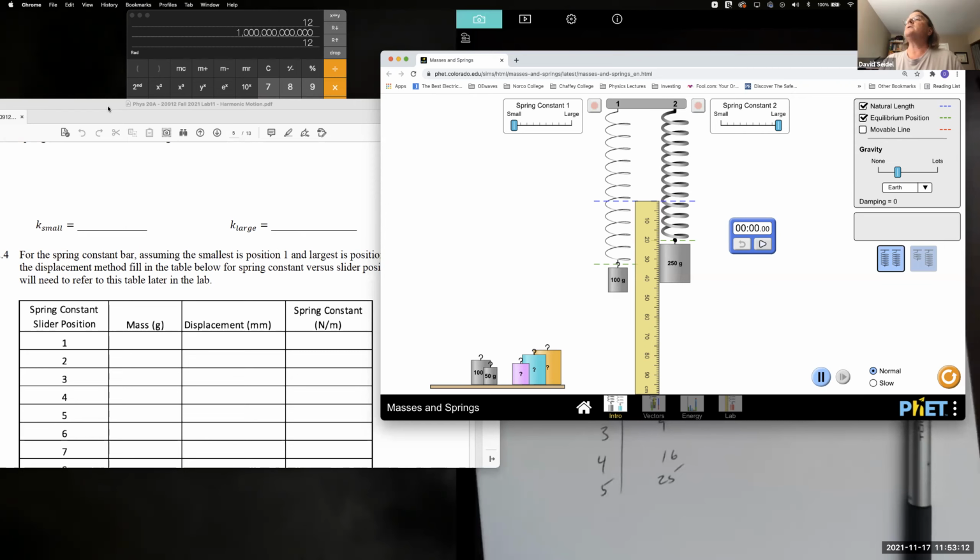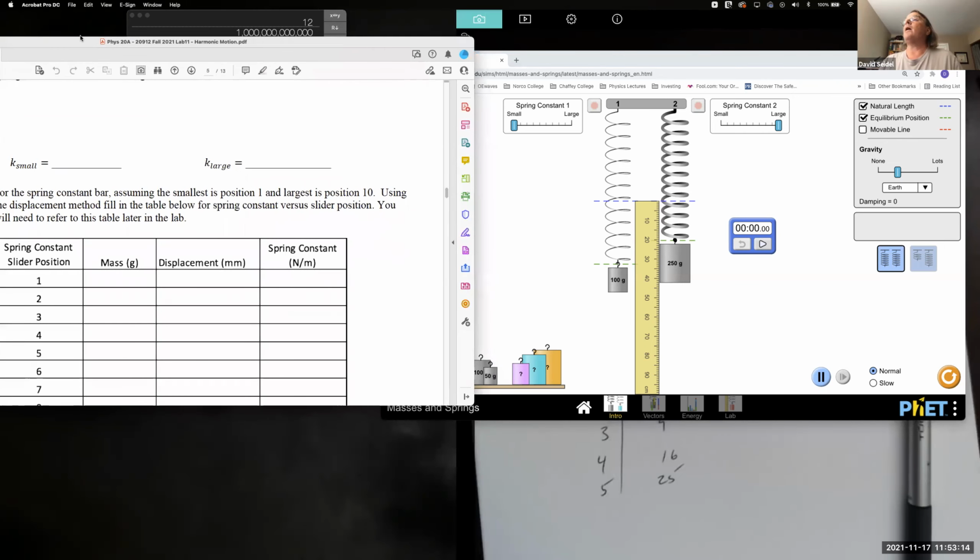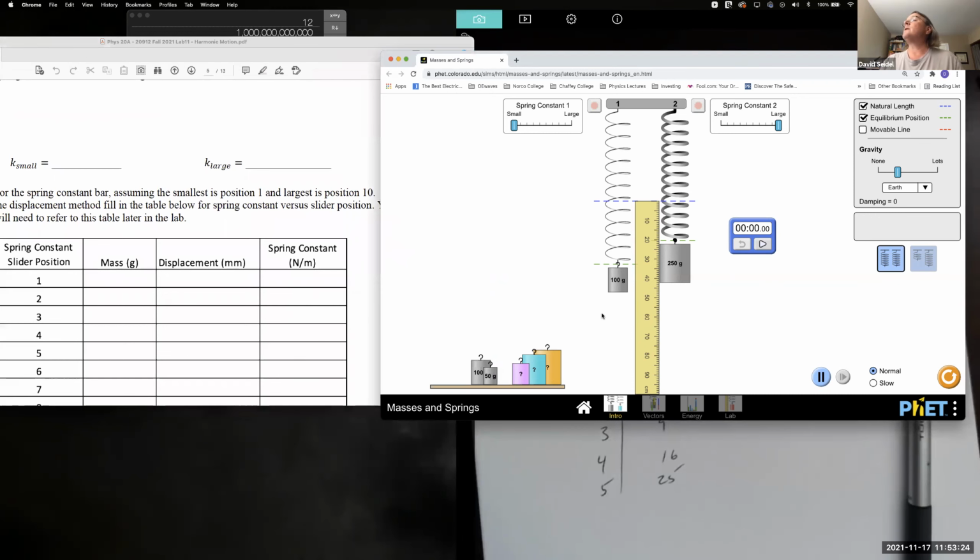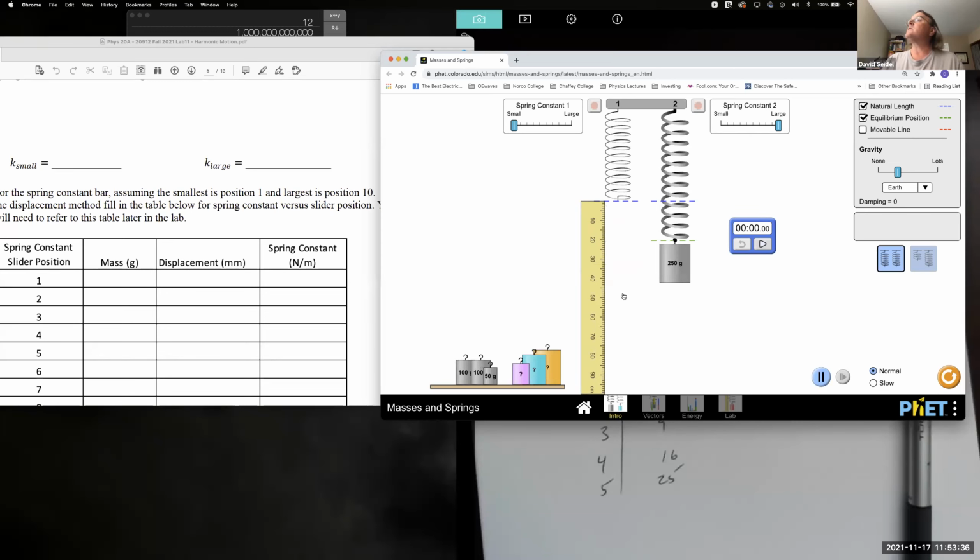Okay, so for slider position 1, you have your k small and k large. Here's our spring constant bar. You're going to calibrate this knob to a spring constant. So we go to this one over here. If you can choose what mass to use, the bigger the mass, the more resolution you have, because of the least count of this ruler.